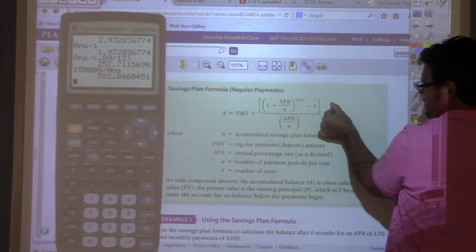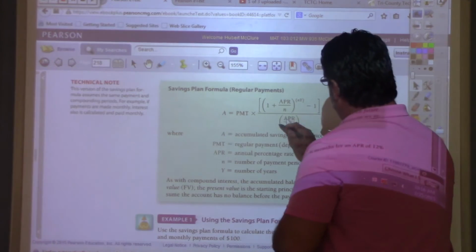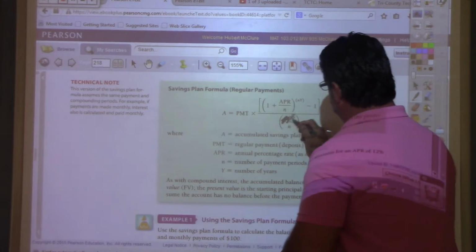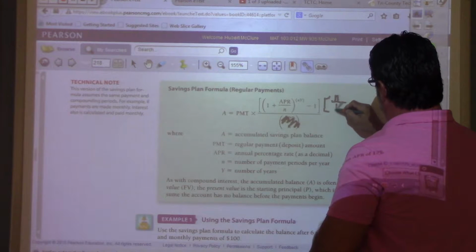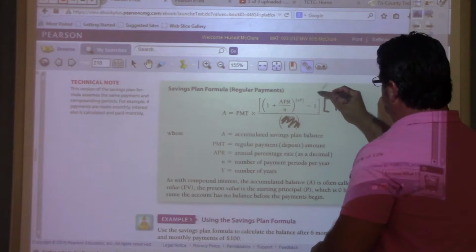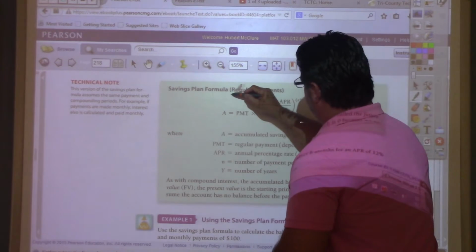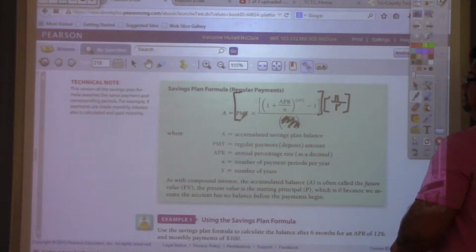Take this, flip it up here. So just forget this right here. And multiply by N over R right here and put brackets around this like that.